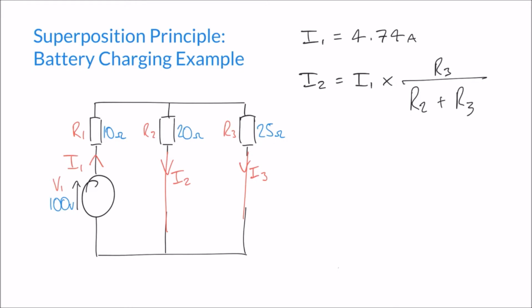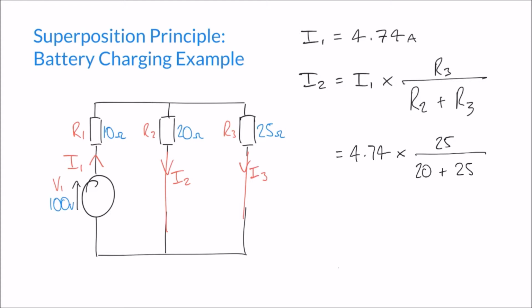So that being said, I can put some values into my equation. We know that the supply current I1 is 4.74. I know that R3 is 25. And on the bottom I have R2 plus R3, 20 plus 25.